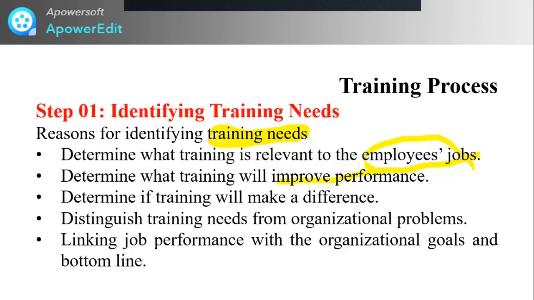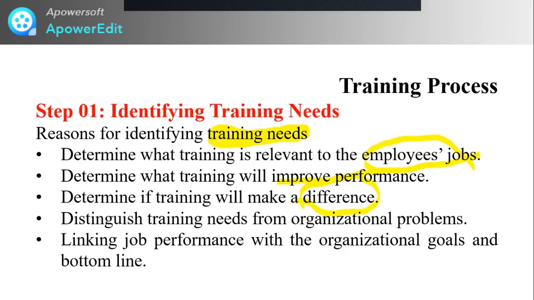Third, determine if training will make a difference. After the training program, there should be a change, a different way of doing the job. Then we can measure the difference. We can identify the difference when we give a proper training program, and a proper training program depends on the real training needs gap.